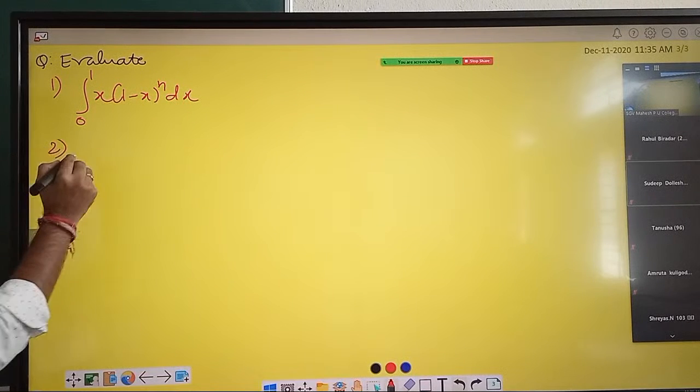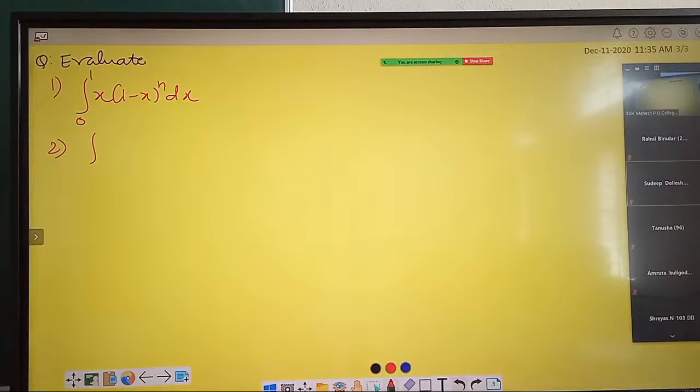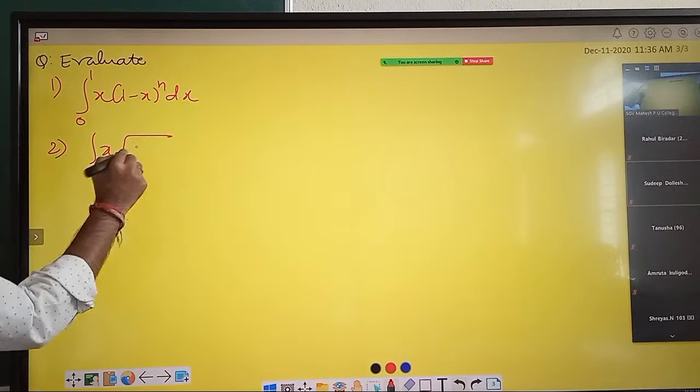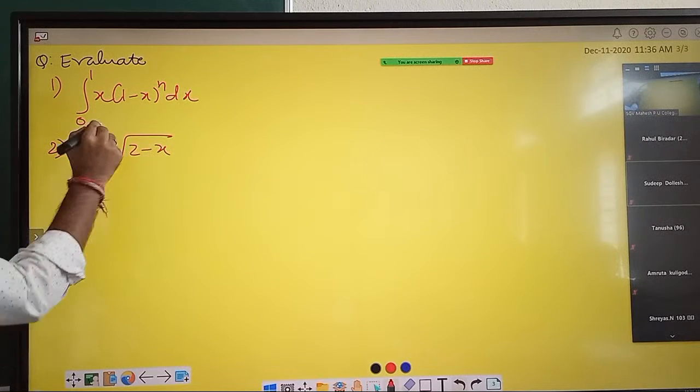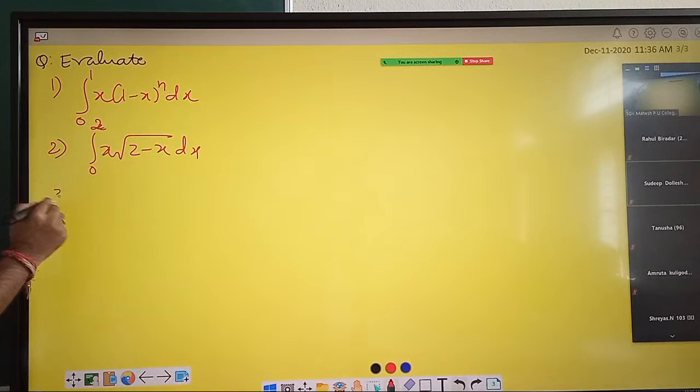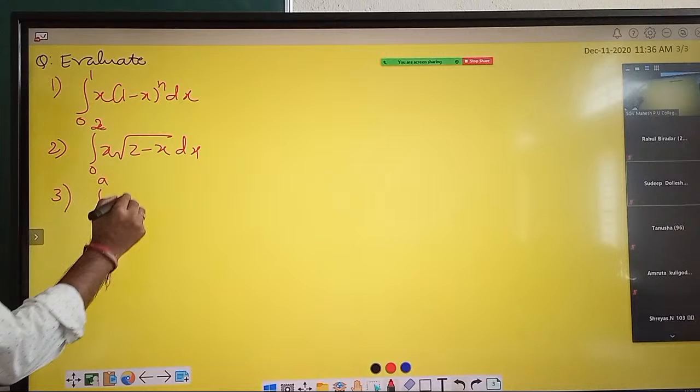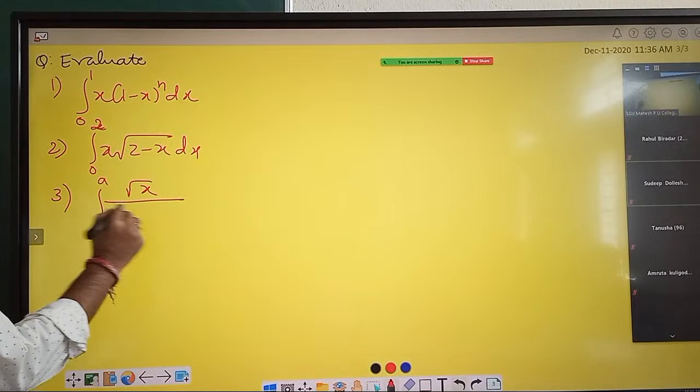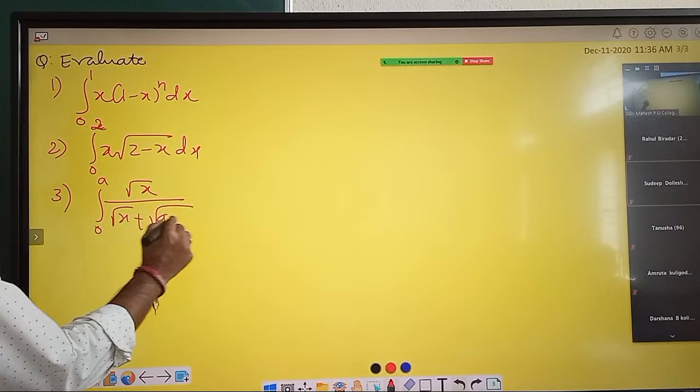Second problem: integration of x into root of 2 minus x, from 0 to 2, with respect to x. And third problem: integration from 0 to a, root x divided by root x plus root of a minus x, correct?